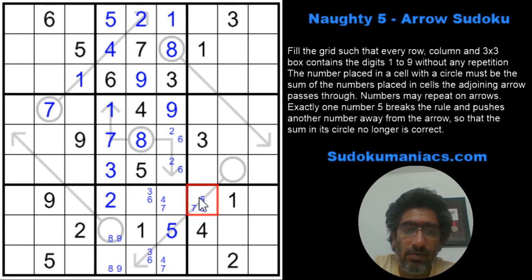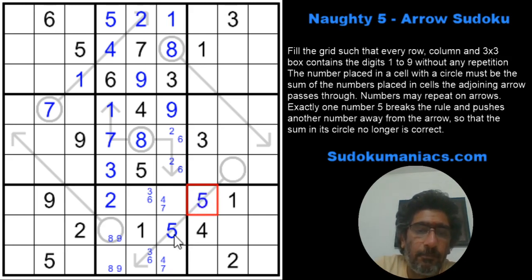So this also would be a 5. Correct? What this means is one 5 is the naughty 5 and the other 5 is a legitimate number. So if I have one 5 as legitimate, obviously this cannot be a 6 because 5 plus 6 would be 11 and 11 is not a proper sum for the arrow. So this would have to be a 3.